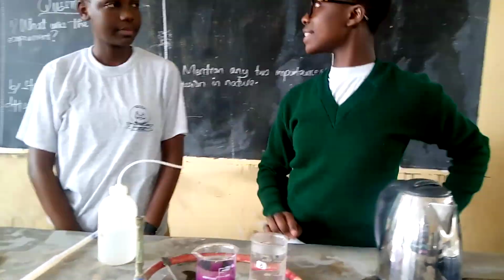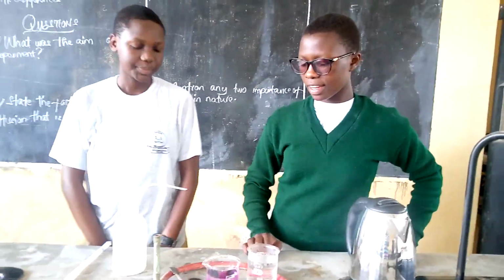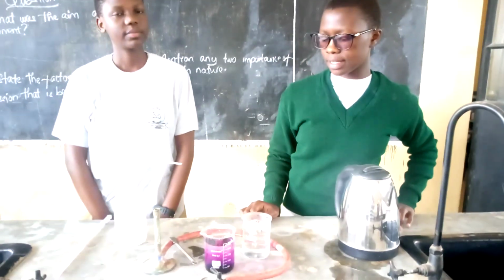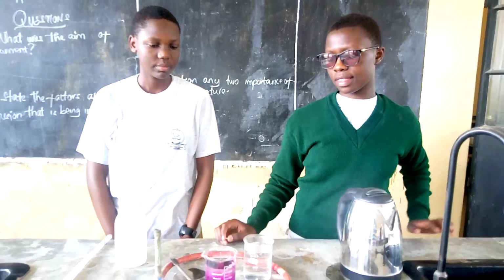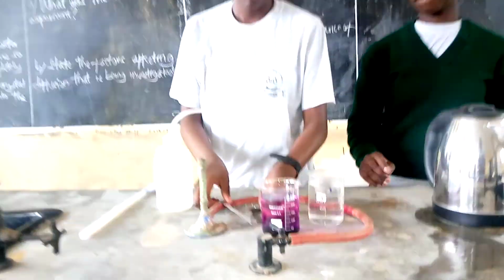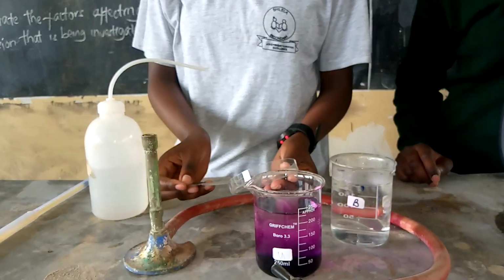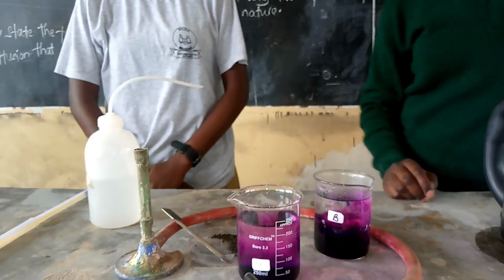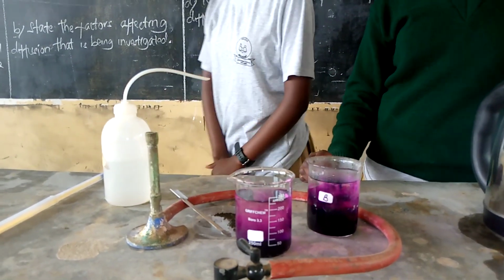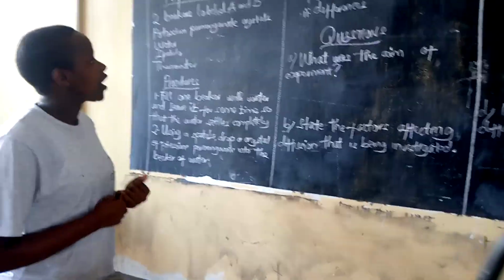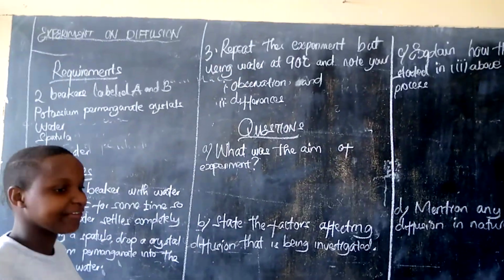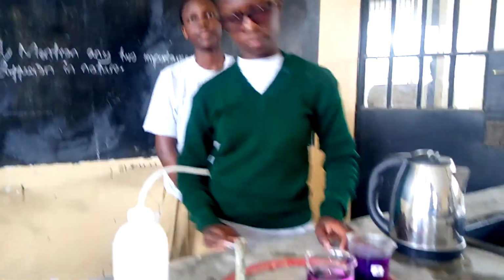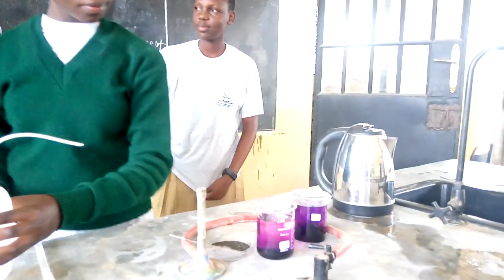Since the water is 90 degrees centigrade, the crystal of potassium permanganate is going to be dropped inside this hot water. Okay. Note your observation and difference. My fellow student is going to explain the observation and difference between these two solutions.